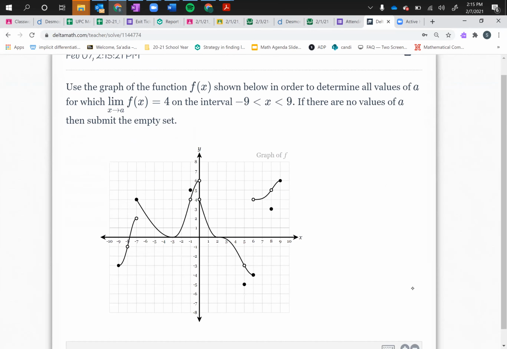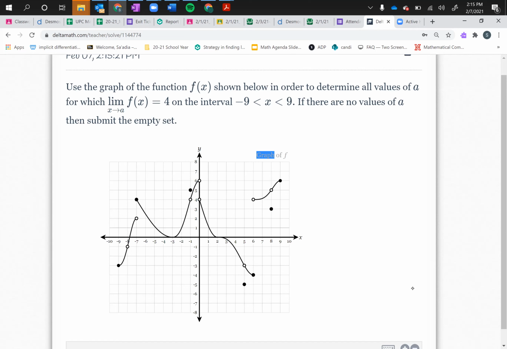Final problem of the day. You want the limit as x approaches a equal to 4. So what that says is you want to find the spot where both sides of the graph at that x value will meet up at a y value of 4. A y value of 4 happens here at x equals -7, but both sides don't meet up.